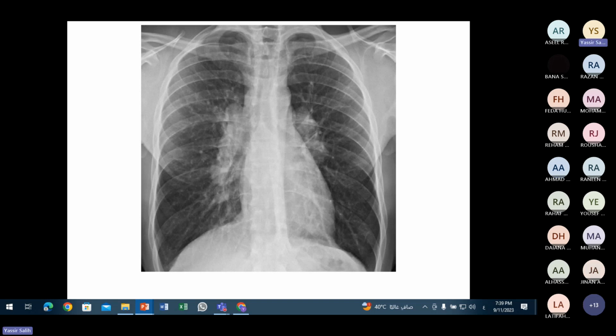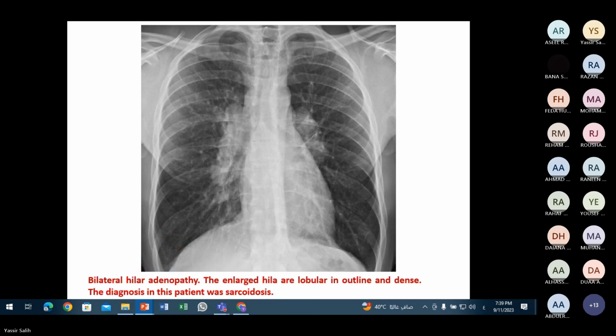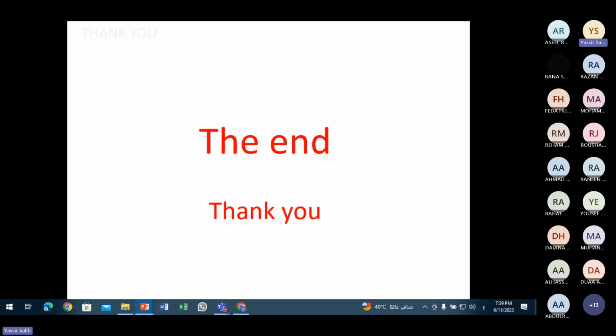Sarcoidosis. What other possibilities? Tuberculosis could be, and lymphoma. When it is bilateral, lymphoma is a differential, but when it is unilateral, it is bronchogenic carcinoma and most likely secondary. So this is bilateral high lymphadenopathy and this is most likely.